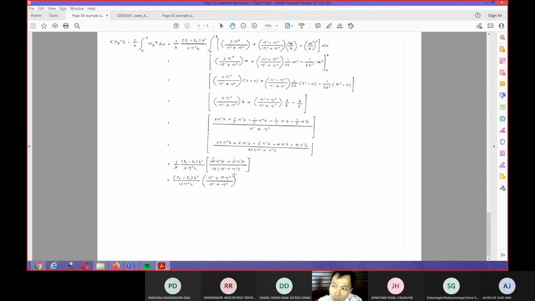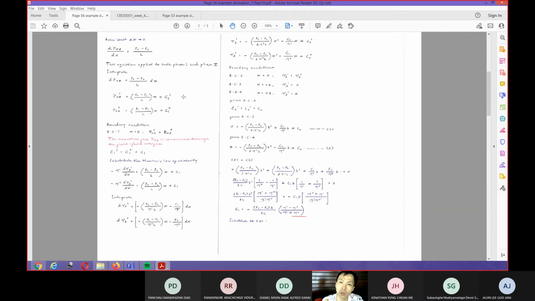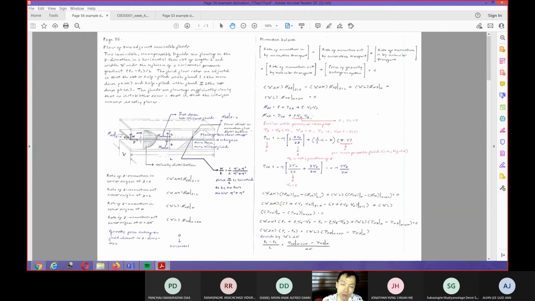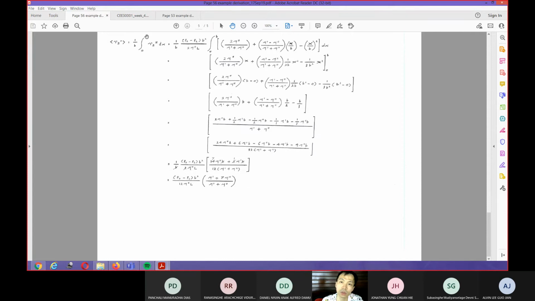Likewise, you can also do it for the liquid 2 as well. You see that the integration is different. This integration is from minus b to 0, because your liquid 1 is from minus b to 0, and then this one in here is from 0 to b. Then we can integrate all of this, and we will get this term in here.